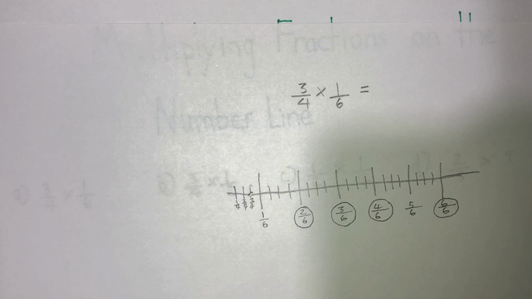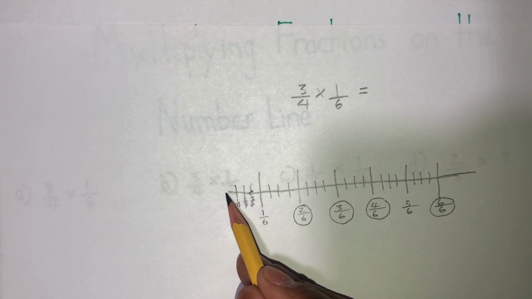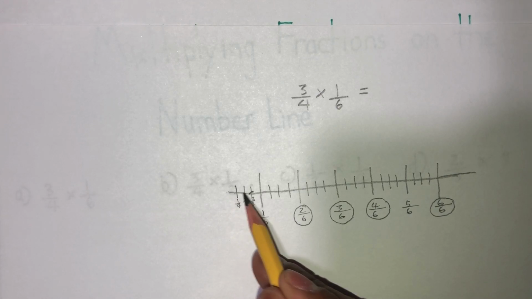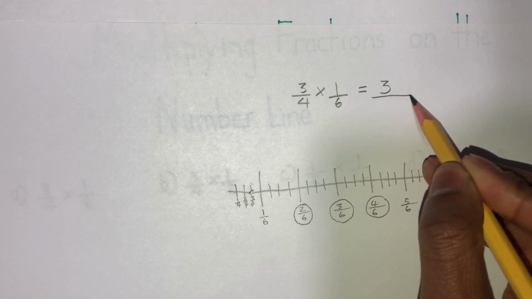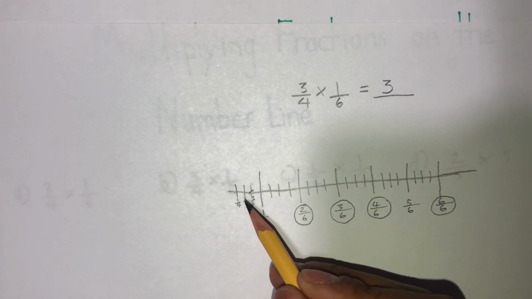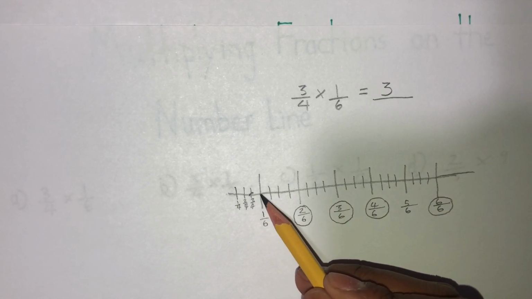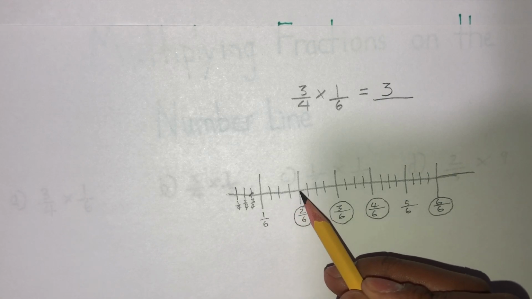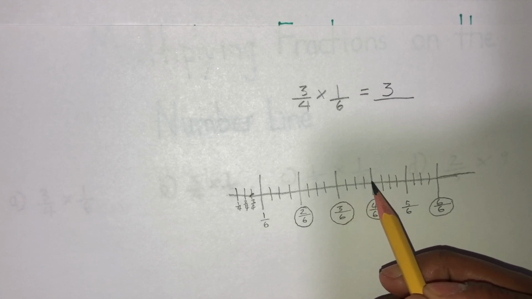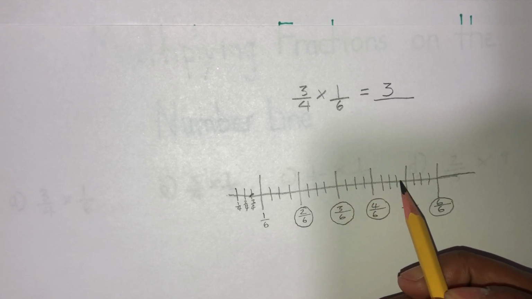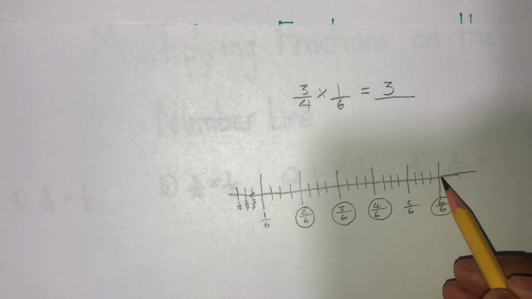Now we're going to count starting at 0. 0, 1, 2, 3. Then we're going to count all of the strokes. 1, 2, 3, 4, 5, 6, 7, 8, 9, 10, 11, 12, 13, 14, 15, 16, 17, 18, 19, 20, 21, 22, 23, 24.